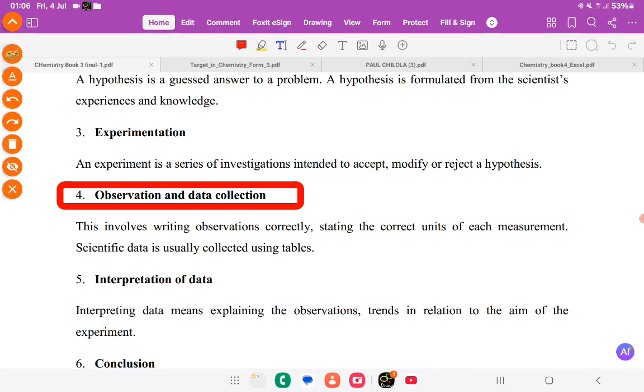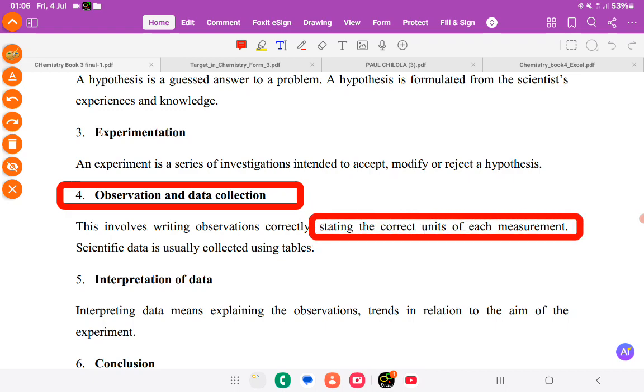So this stage involves writing observations correctly. In this case, the observations can be color change. Okay, it can be maybe smell. It can be maybe formation of solid or precipitation, and any other things that you see in the experiment happening. Those are called your observations. All right, where you're carrying out measurements, you have to record correct units.